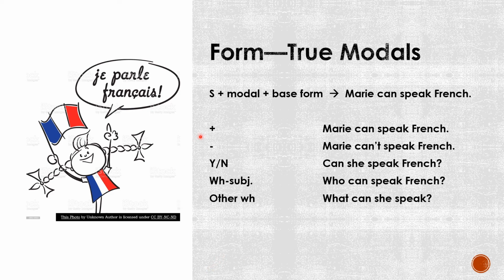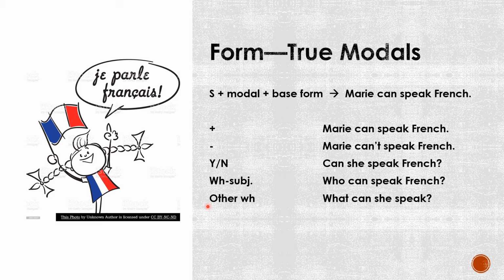Whenever we're doing this, we're actually going to be talking about how to make an affirmative, how to make a negative statement, how to make a yes or no question and answer it, how to make a WH subject question, and then other WH, meaning any kind of WH question where the WH word is not the subject, because it has different grammar from a WH subject question.